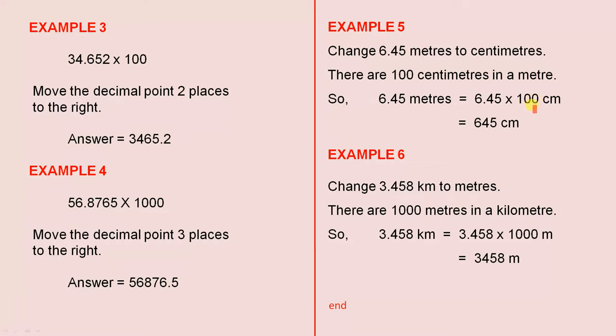So if we multiply by 100, that changes the answer to centimetres. So because we're multiplying by 100, move the decimal point two places to the right, and the answer is 645 centimetres.